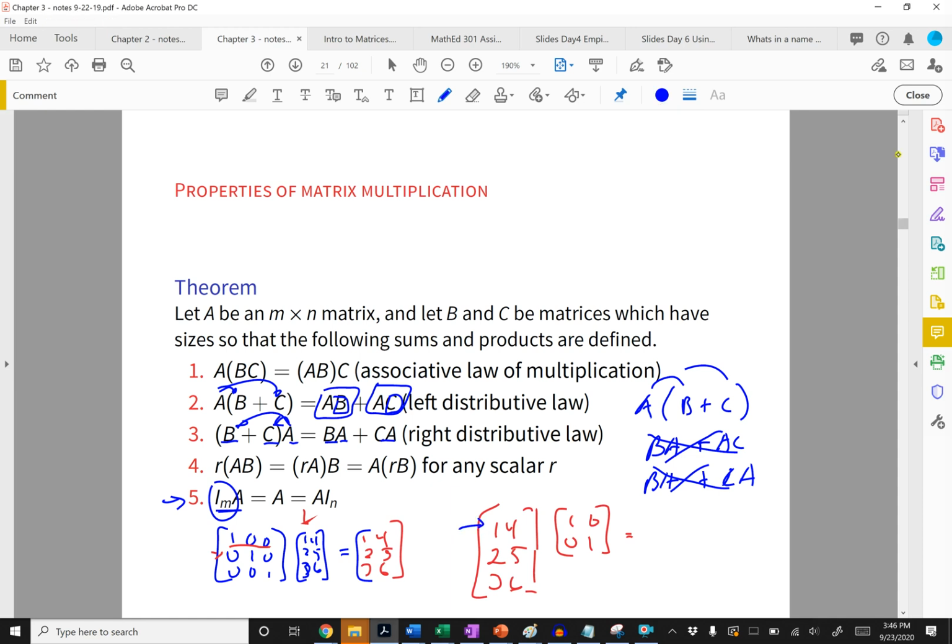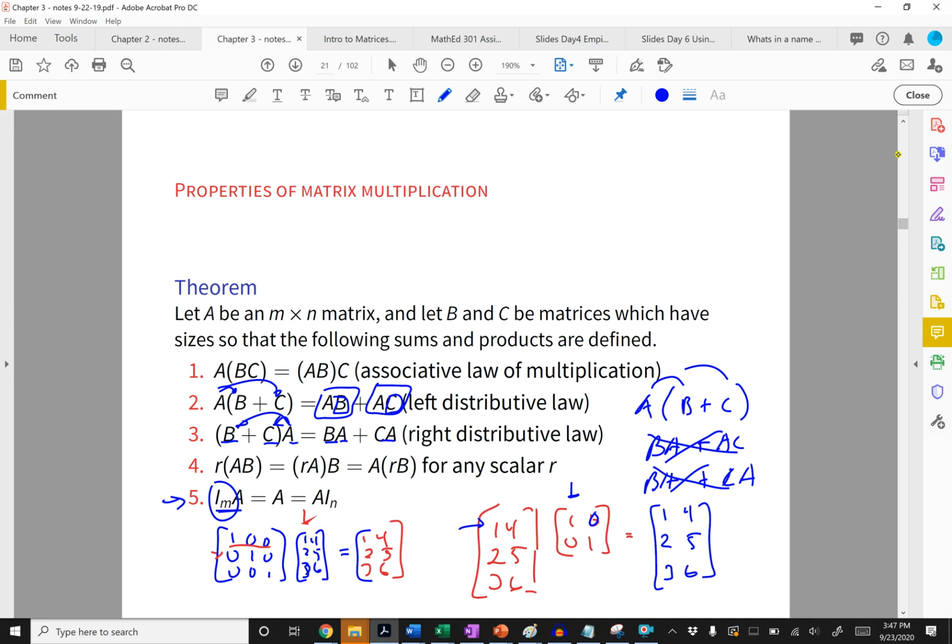First row, first column, I have 1 times 1, which is 1, and then 4 times 0, so I get just the 1. Then I end up with just the 4. Second row: 2 times 1 plus 5 times 0, just the 2, and so on. You get the same thing out.